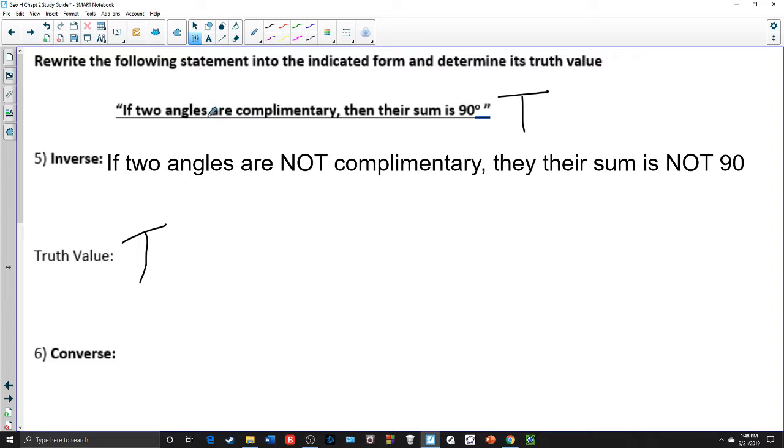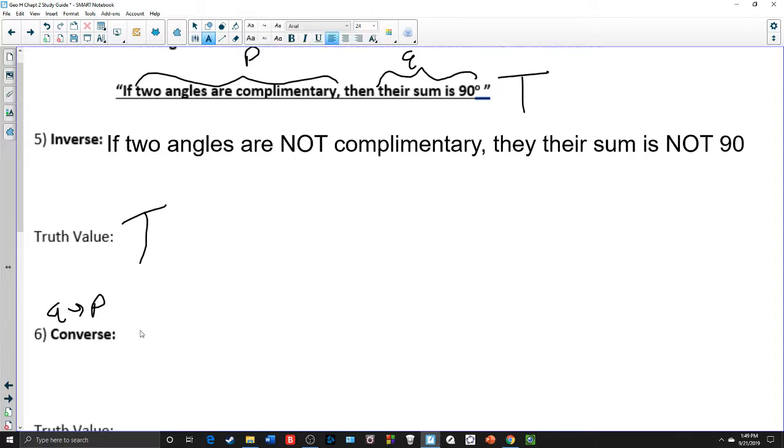Now the converse is the flipped. So if you remember when we did this at the beginning, we said that this "if" part was our P and this "then" part was our Q. So this went if P then Q. The converse goes if Q then P. So the converse is the flipped version, not the shoe, but the converse is the flipped version.